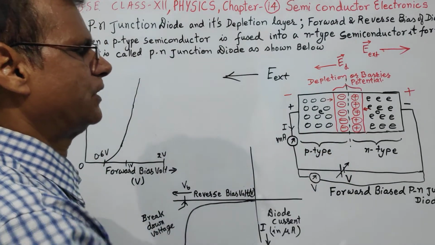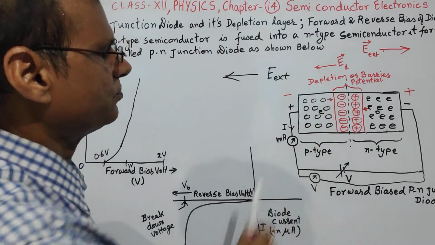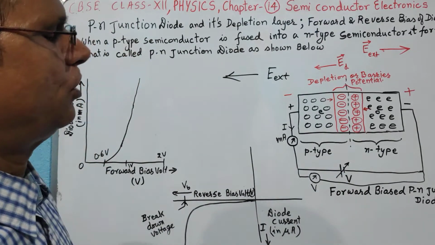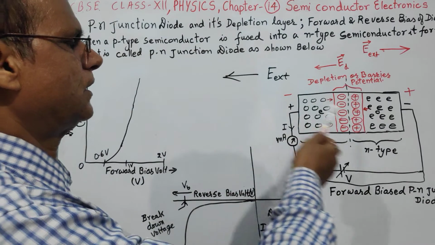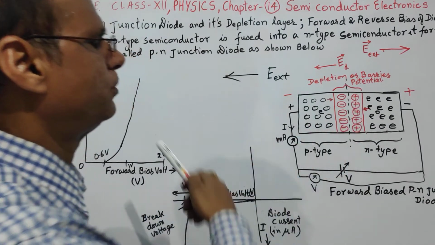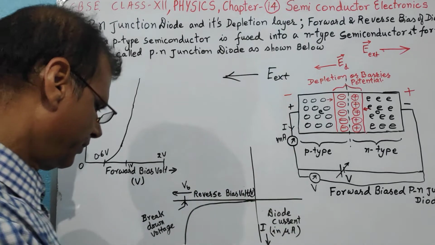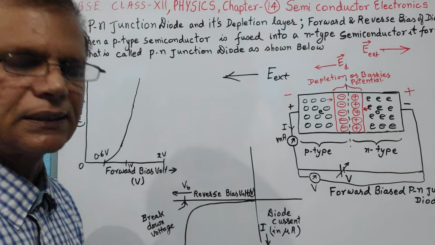In that case the whole p-type will become negatively charged and the whole n-type will become positively charged, and that means there will be a short circuit, with no opposition to the flow of current. So we start getting very high current at that particular voltage and beyond.